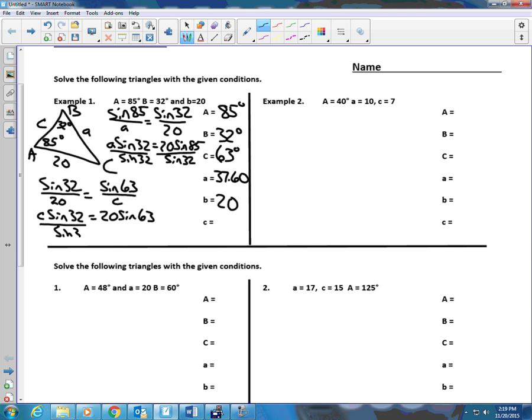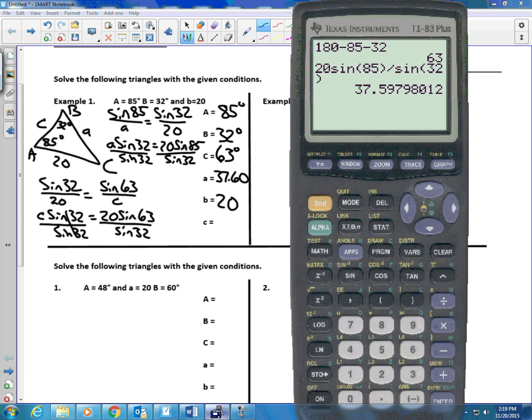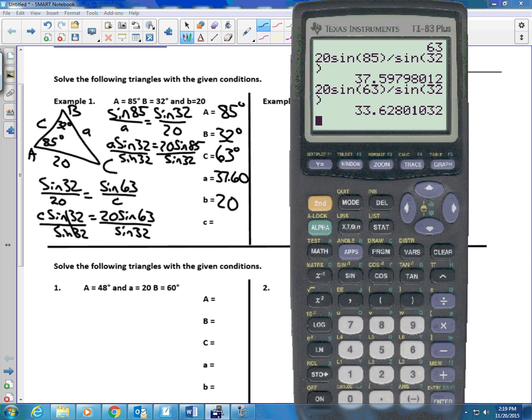Divided by the sine of 32. And again, if you have a calculator like mine, you can enter it. Looks like I've got to change the 85 to 63. And I get 33.63.